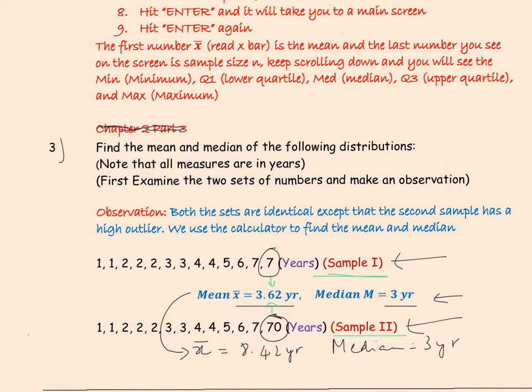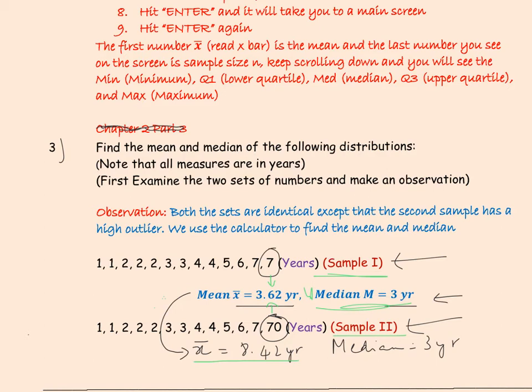We find the mean of the first set, and that is 3.62 years, and the median is 3 years. We again find the mean and the median for the second set of numbers. Notice how the mean changes, it's about 8.42 years, whereas the median remains the same, which is 3 years.